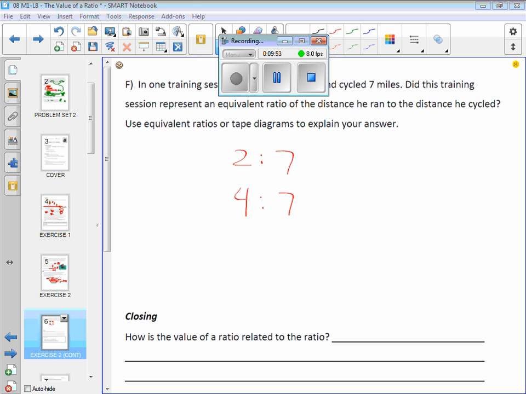Two times what makes 4? It would have to work for both sides. 7 times 2 is not 7. 7 times 1 is 7, right? Therefore, this is not possible. It's not equivalent.